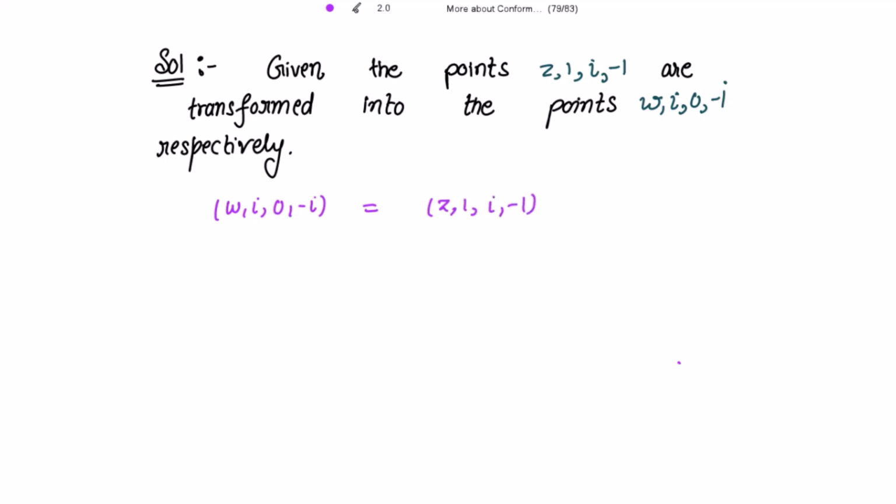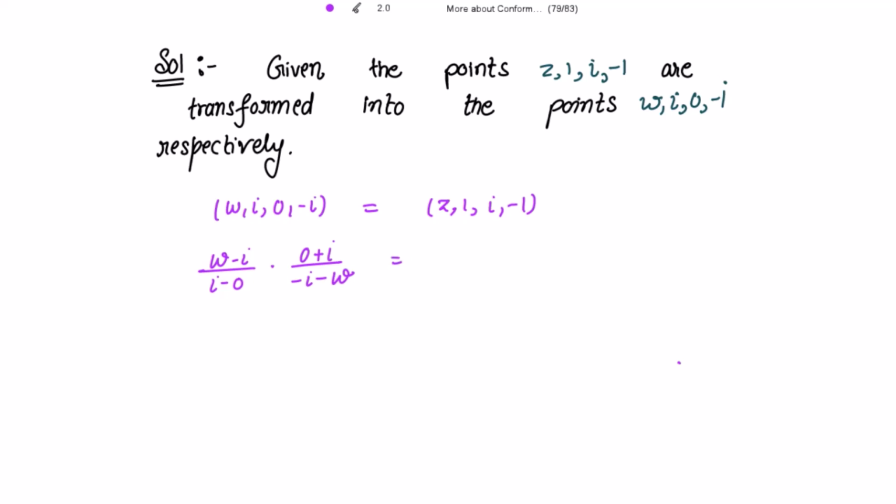How to apply the cross ratio? In the numerator we have w minus iota divided by iota minus 0, into 0 minus iota, that will be plus iota, divided by minus iota minus w.